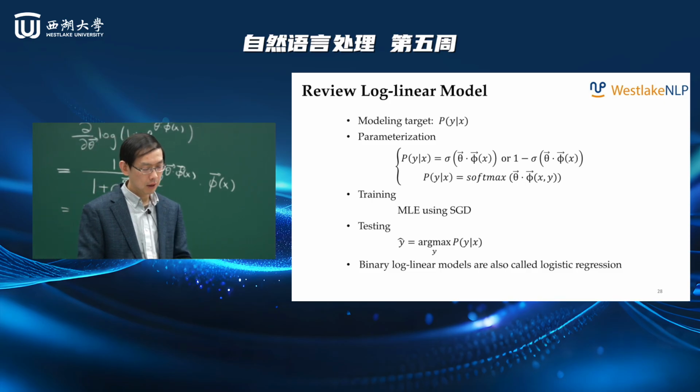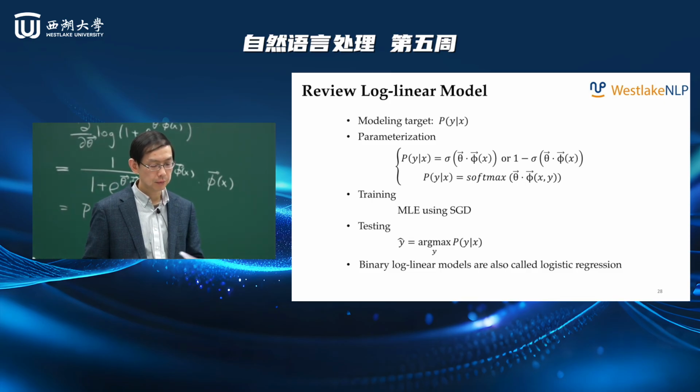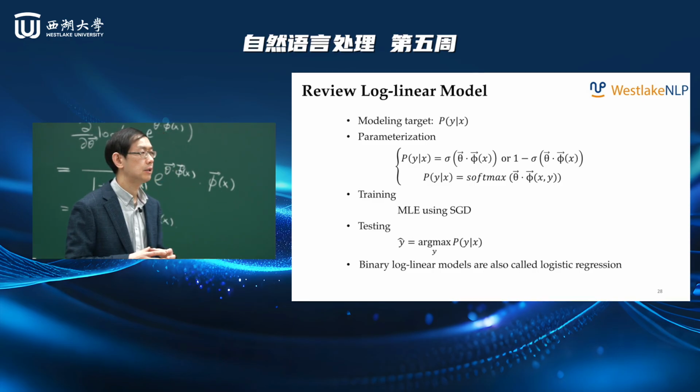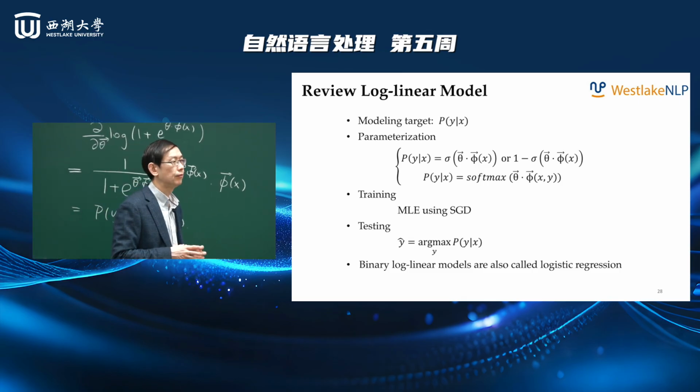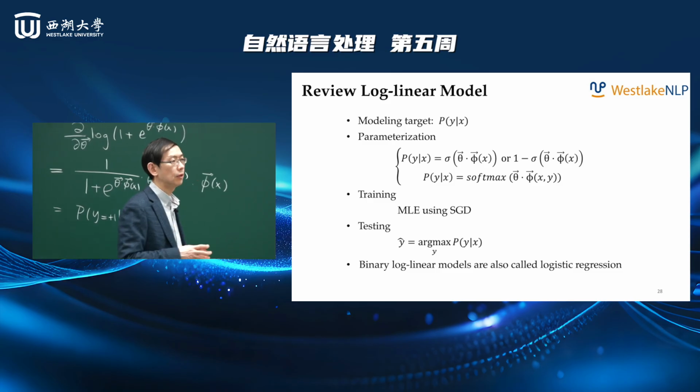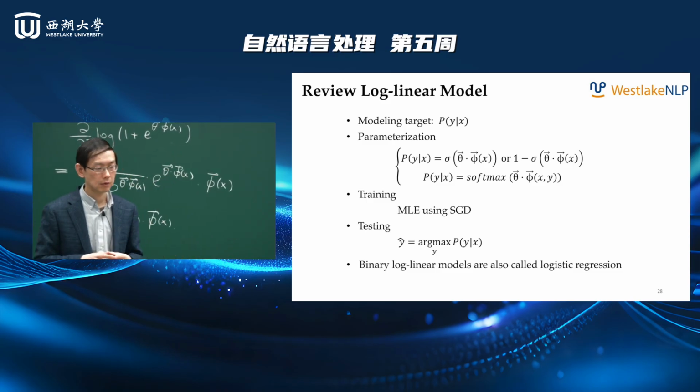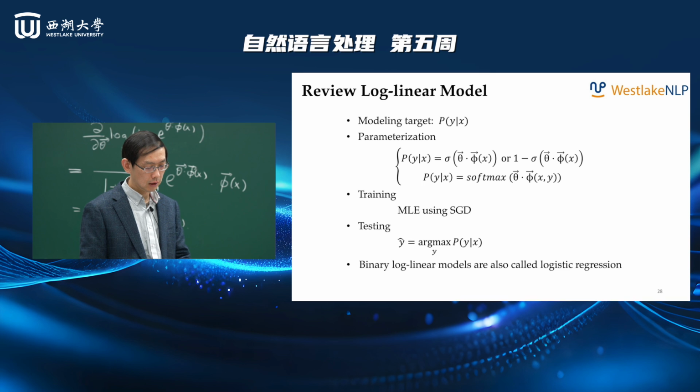And there's a side remark. In other textbooks, the binary classification log linear model is called logistic regression. Okay? So maybe you have a different perspective of logistic regression, which you learned in machine learning.